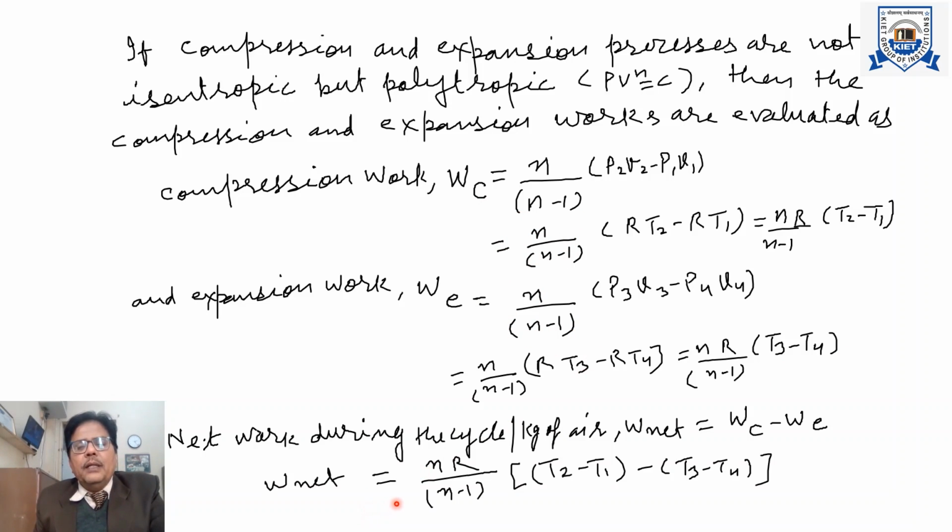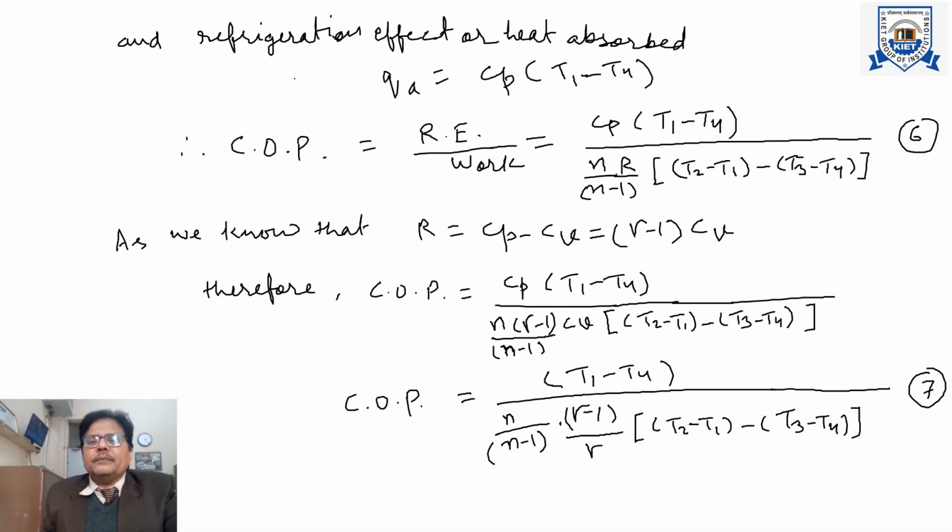So net work will be nR over n minus 1 times T2 minus T1 minus T3 minus T4. The refrigeration effect equals Cp times T1 minus T4, the amount of heat absorbed at low pressure. So we can calculate COP as refrigeration effect over work, where refrigeration effect is Cp times T1 minus T4, and net work is as calculated in the previous slide. We can call this equation number 6.